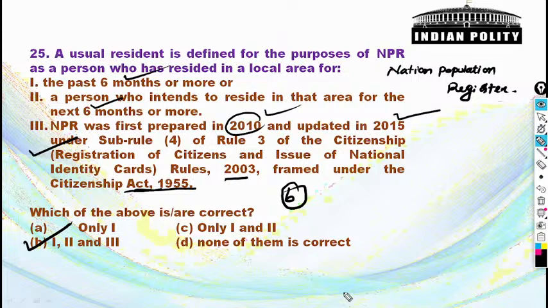NRC records only the citizens, and the objective of NRC is to identify the non-citizens, those who are living in India illegally without any valid documents, so that there can be official orders against them. So that is called NRC.